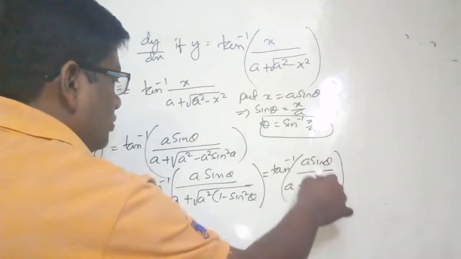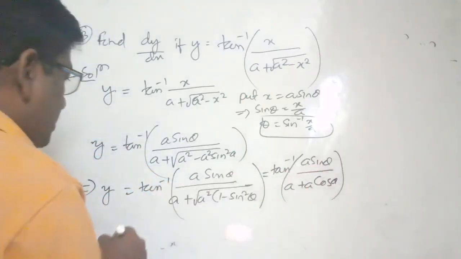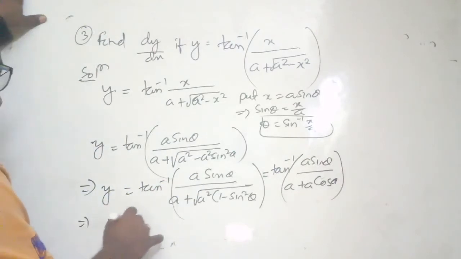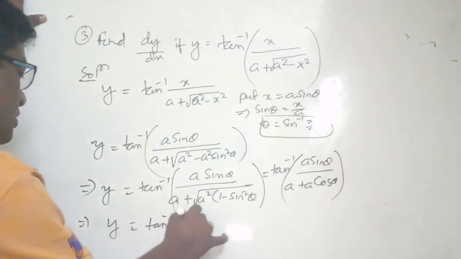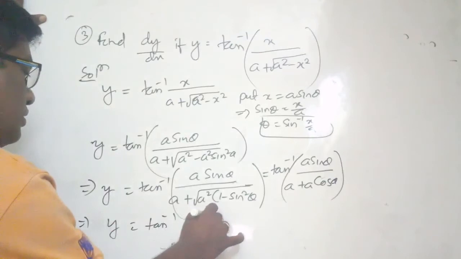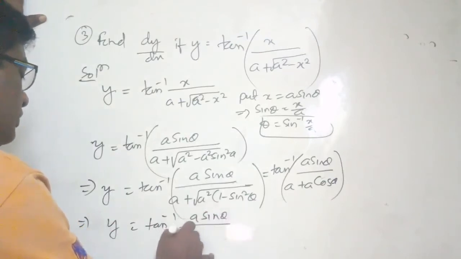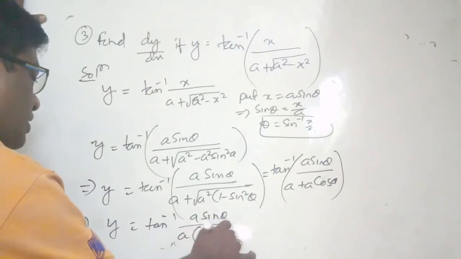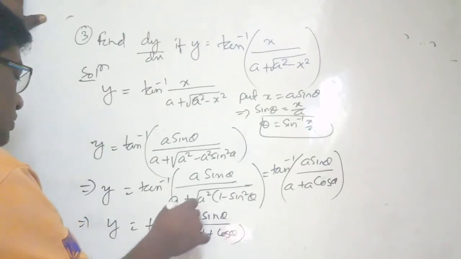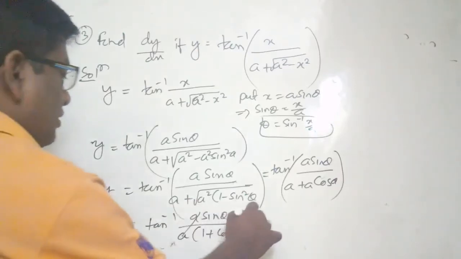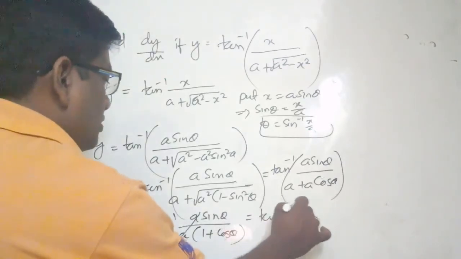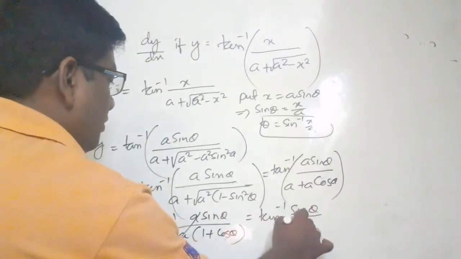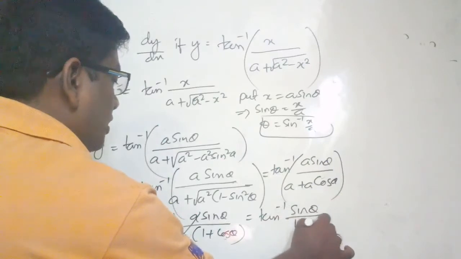So y is equal to tan inverse of a sin theta divided by a into 1 plus cos theta. Okay, so a cancels. This is equal to tan inverse of sin theta by 1 plus cos theta.